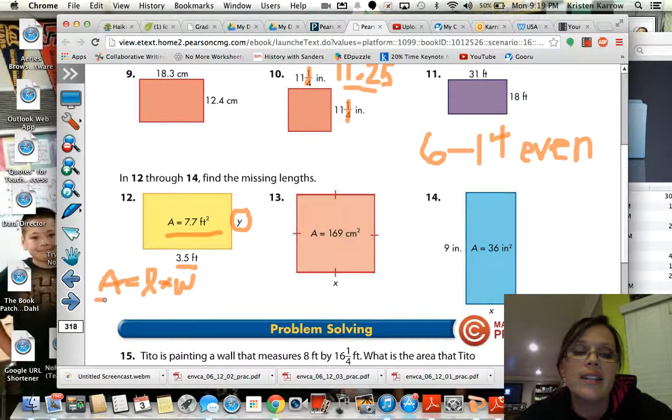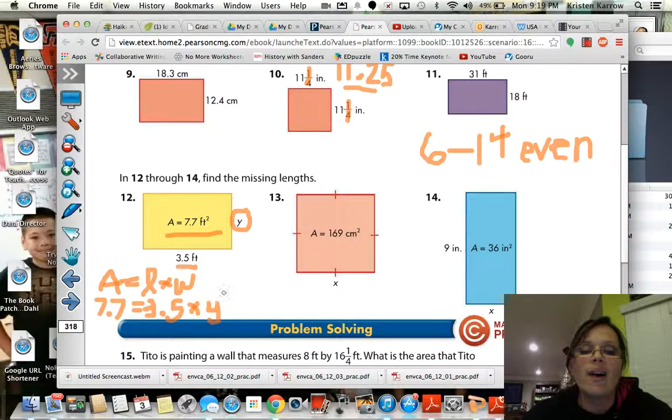So the area here is 7 and 7/10 equals, and I can make this 3.5 the length or the width, so I'll plug it in for length. 3.5 times, well, I don't know the width. The width says y, so I'm going to write y.